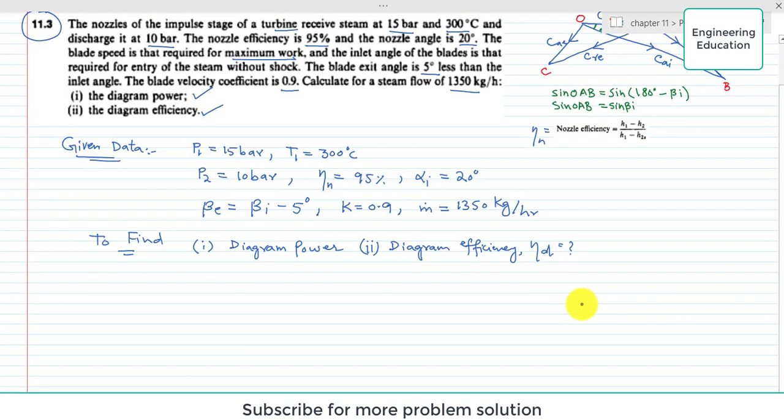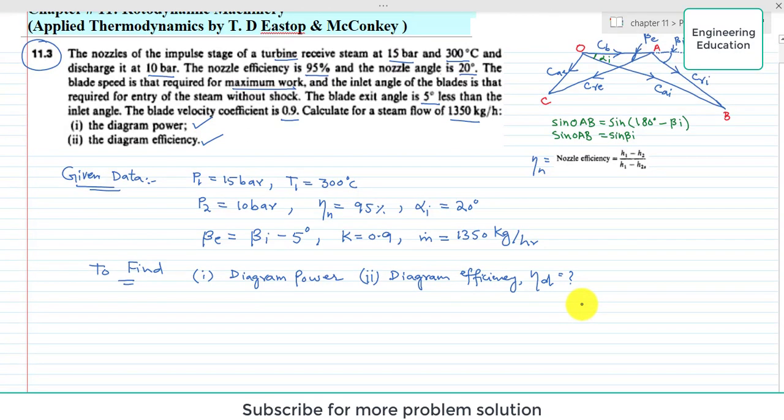So before starting the solution, let's discuss the velocity triangle for this specific problem. This is the absolute velocity at inlet, and this is the relative velocity with respect to the blade at inlet. This is blade speed or blade velocity.